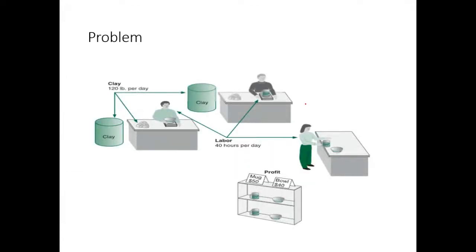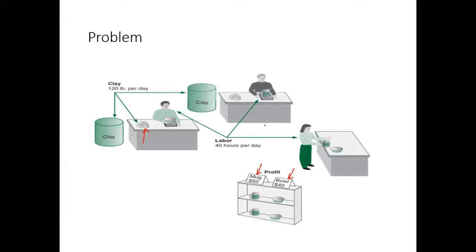The problem is given in picture form in the book. It's given here that this is the clay which is available, and these three are labor, people working. These are the two final finished products, mugs and bowls.